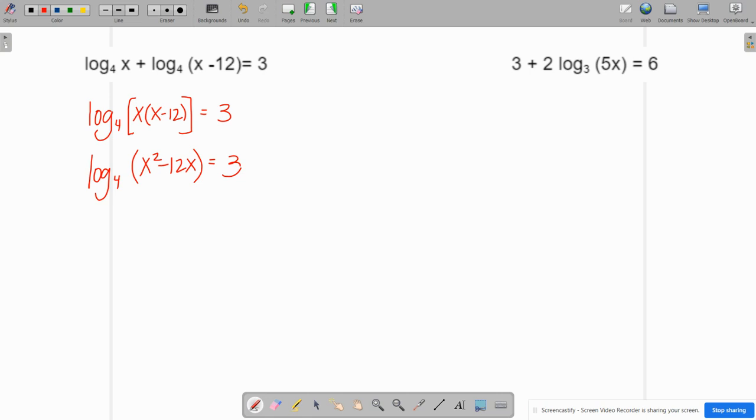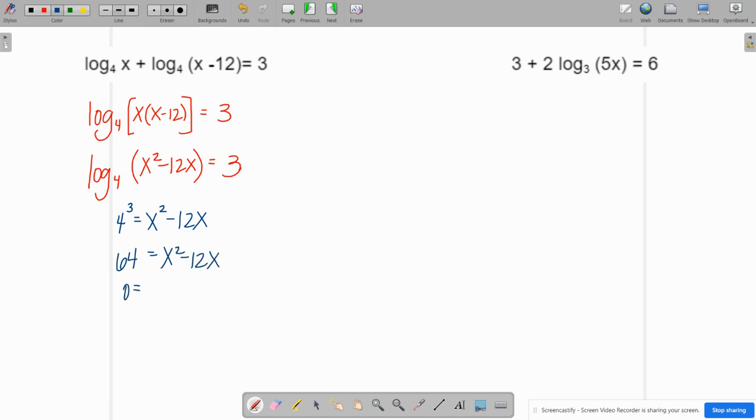So the logarithm is isolated. Now we can rewrite it as an exponential function. So we could say 4 cubed equals x squared minus 12x. 4 times 4 is 16, times 4 is 64. So we could say 64 equals x squared minus 12x.